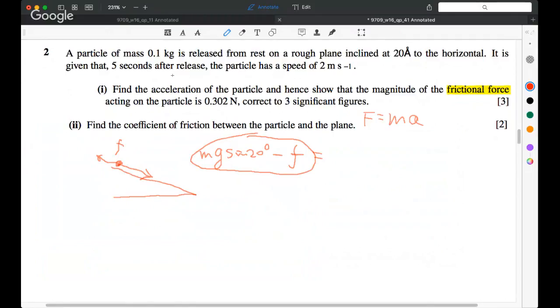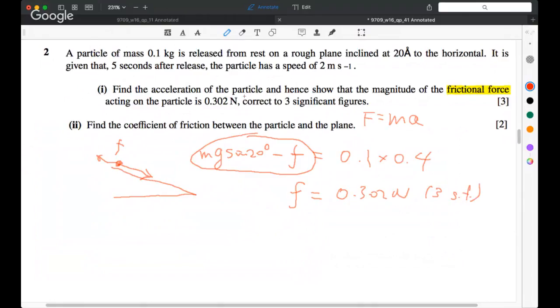That will be 0.1, and acceleration, as we've just worked out, is 0.4. Because we know m, we know g, and we can use our calculator to work out sine 20, we can immediately work out F to be 0.302 N, and this is 3 significant figures.